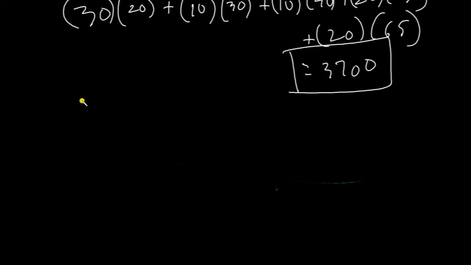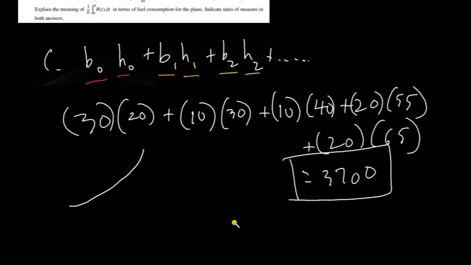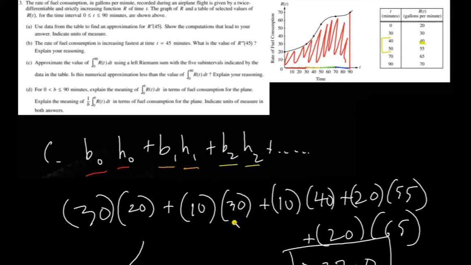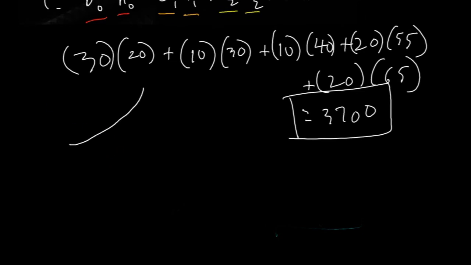So if you have a function that's increasing like this, and you're using your left Riemann sums, the approximation you were making would look something like this. And so on, right?